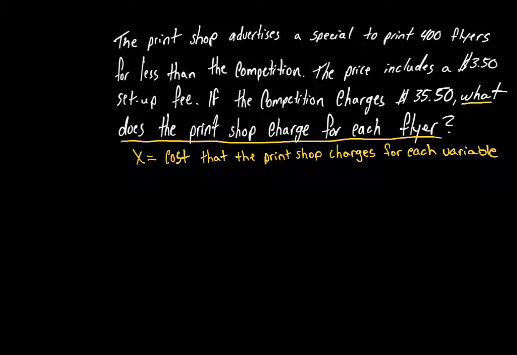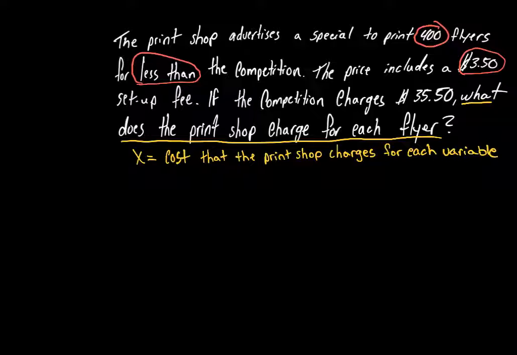So the print shop advertises a special to print 400 flyers. My guess is that I'm probably going to be using that number 400. For less than, there's some math words we've learned with using inequalities, the competition. The price includes a $3.50 setup fee.